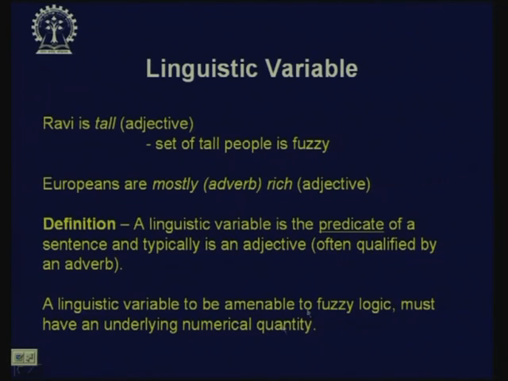This is an observation. A linguistic variable, in order to be amenable to fuzzy logic representation, must be related to some crisp set on which we can define the fuzzy set. For example, when we say rich, then we may have a crisp set of different possible incomes, and we can define the set rich on that crisp set.